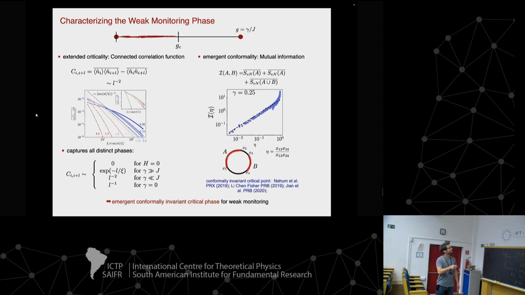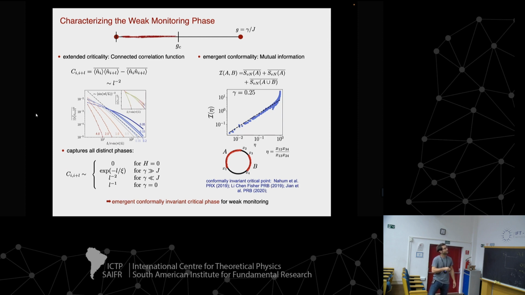Okay, so here are some observables that witness this. An important point is it's not only really in the entanglement, but anything, as I tried to argue, anything that is nonlinear in the state has the potential to signal these transitions, and indeed you can here see essentially all the qualitative features of the phases in the qualitative scaling behavior of this density correlation function that we're looking at here.